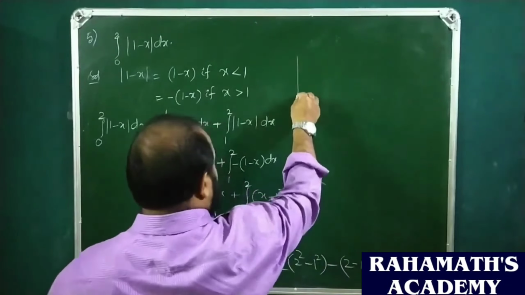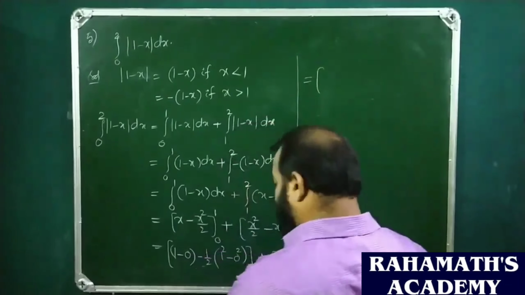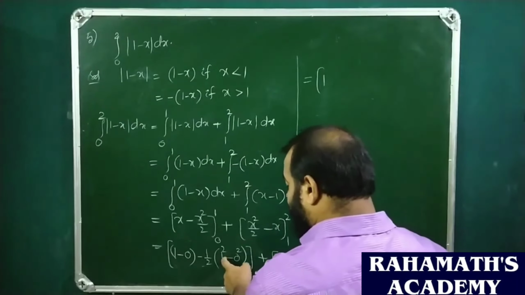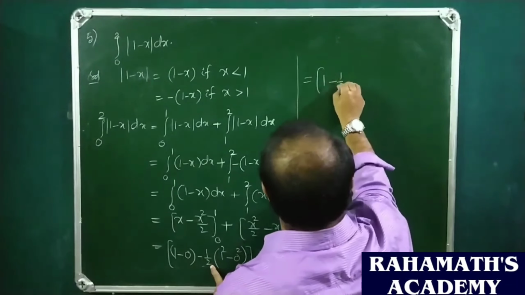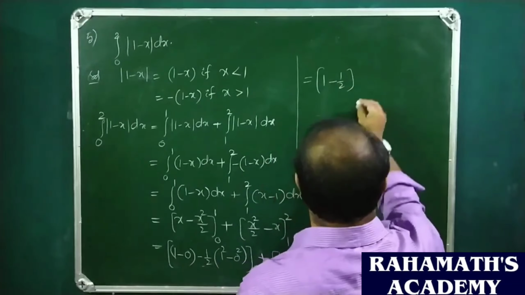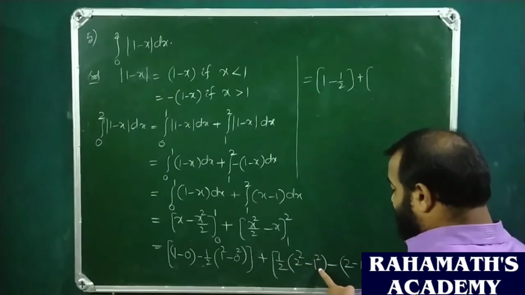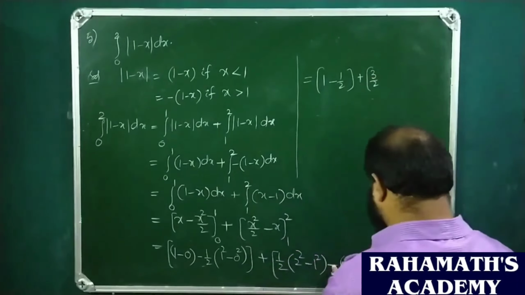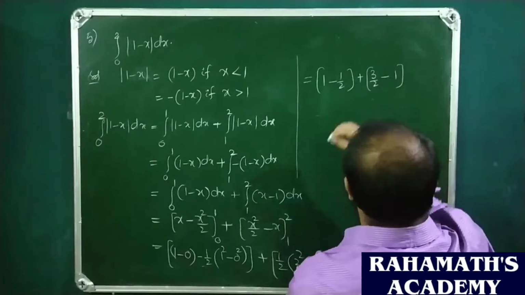So the remaining problem I will write here. 1 minus 0 is 1, and 1 square is 1, so this is 1 by 2. Plus, 2 square is 4, 4 minus 1 is 3, 3 into 1 by 2 is 3 by 2, minus 2 minus 1 is 1.